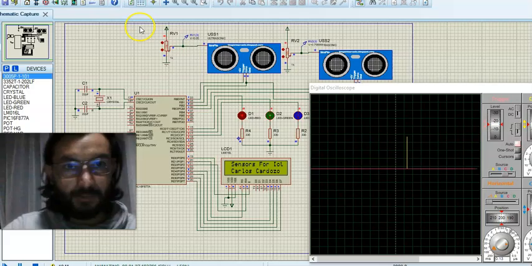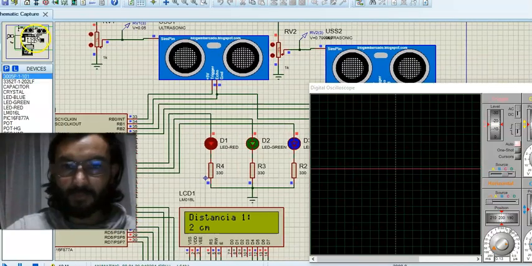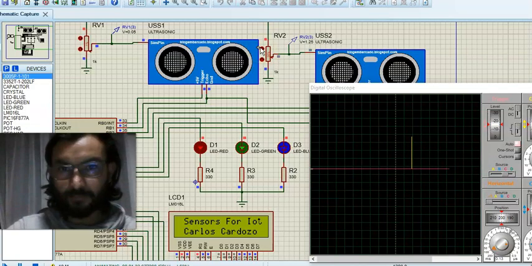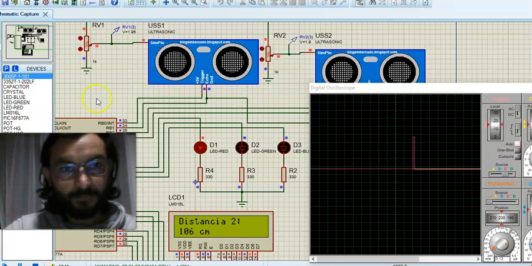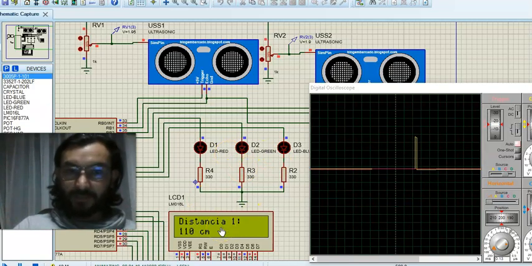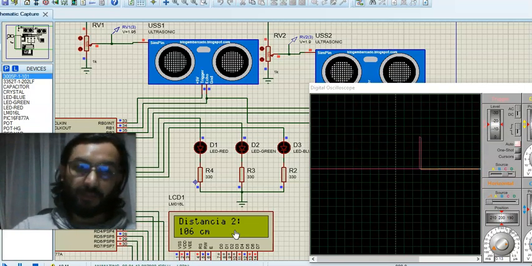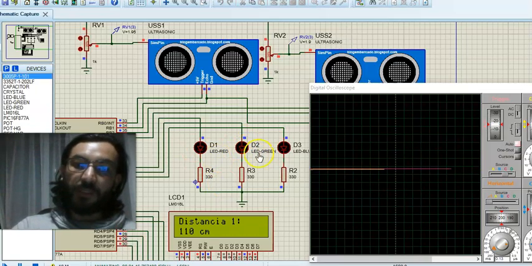Then I'm going to change the values. The same form here. We can see the distance is higher than 1 meter. For that reason, the digital outputs turn off.